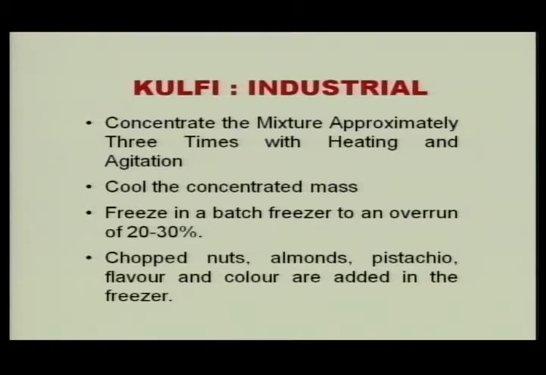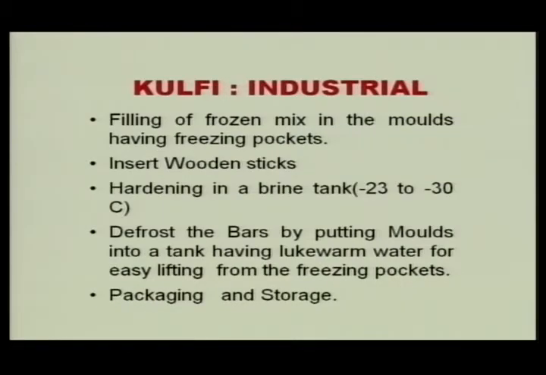Cool the concentrated mass, and then we freeze it in a batch freezer to an overrun of 20 to 30%. Then the chopped nuts, almonds, flavor and color are added in the freezer, and then we fill the frozen mix in the molds having the freezing pockets.